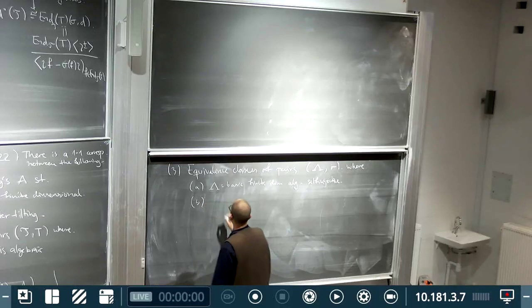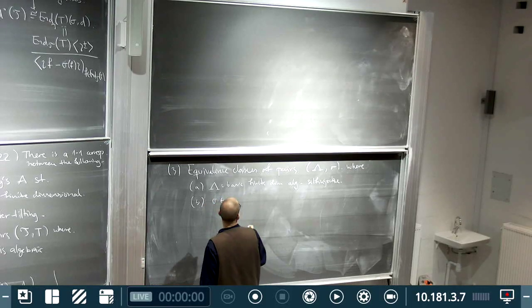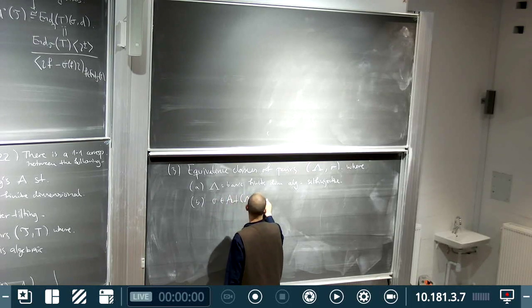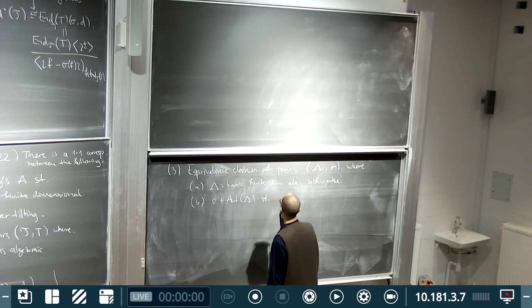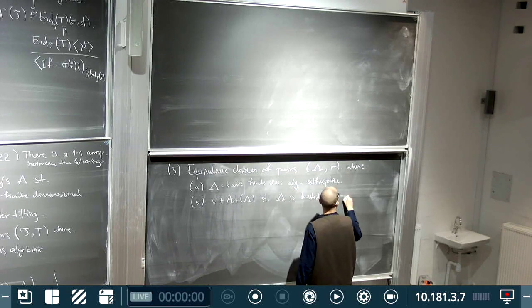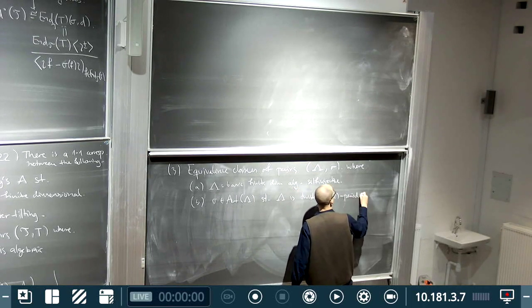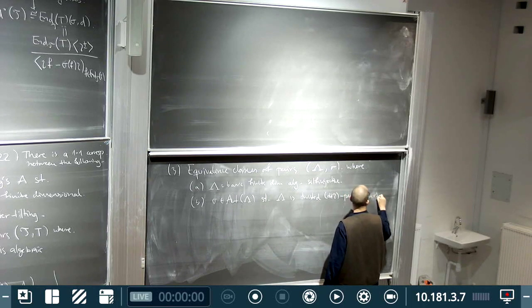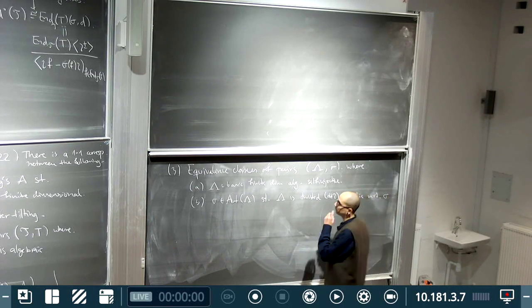And sigma is an algebra homomorphism of lambda such that lambda is twisted d plus 2 periodic with respect to sigma.